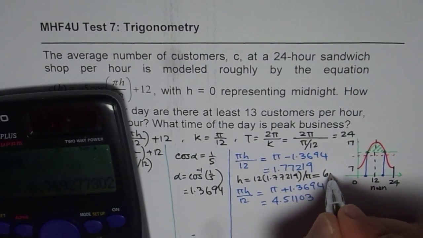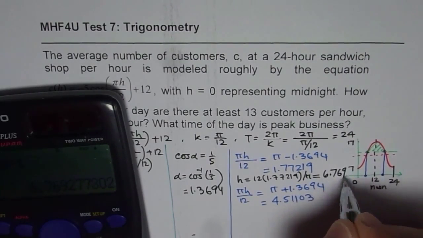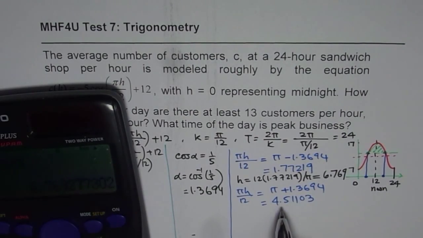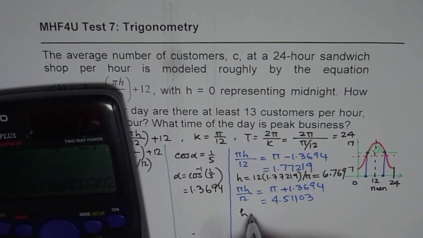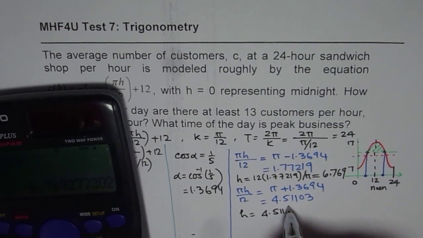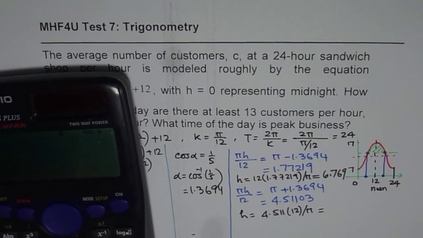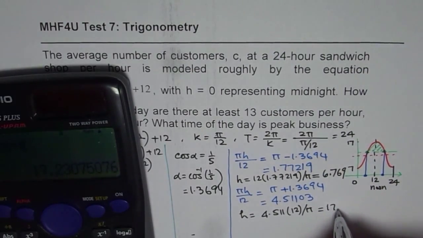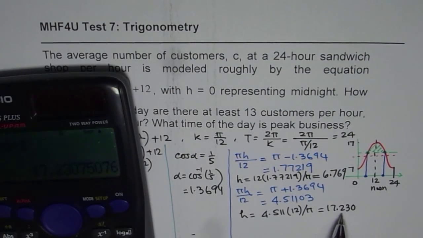We get 6.769 in hours. Now here also we'll do the same thing. H equals 4.511 times 12 divided by pi, which equals 17.23 hours.